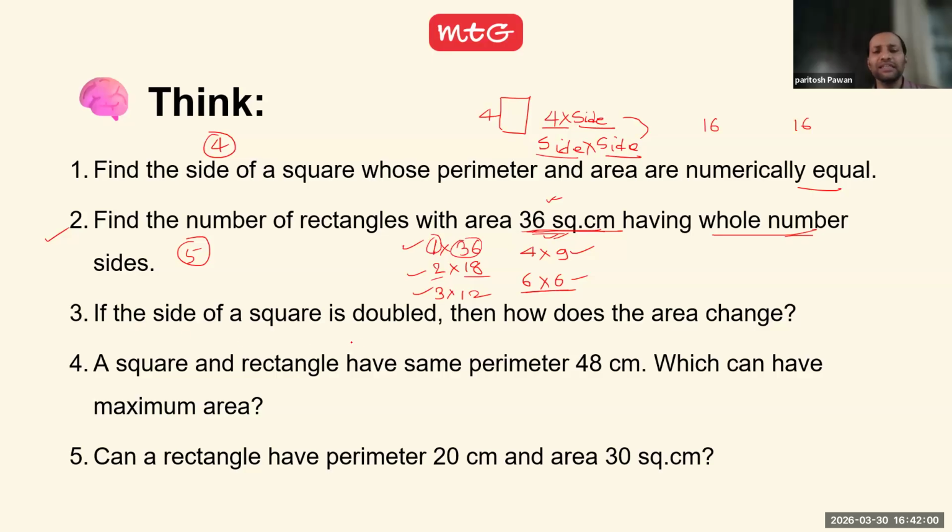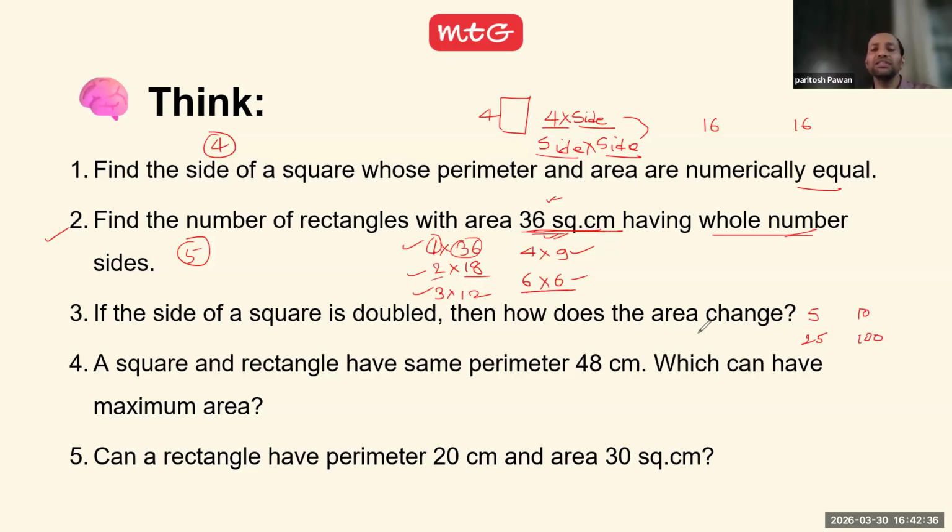If the side of a square is doubled, how does the area change? Again here, no value is given. So we'll take 5. My area will be 5 into 5, 25. If I double the side, it becomes 10. Now the area is 10 into 10, that will be 100.